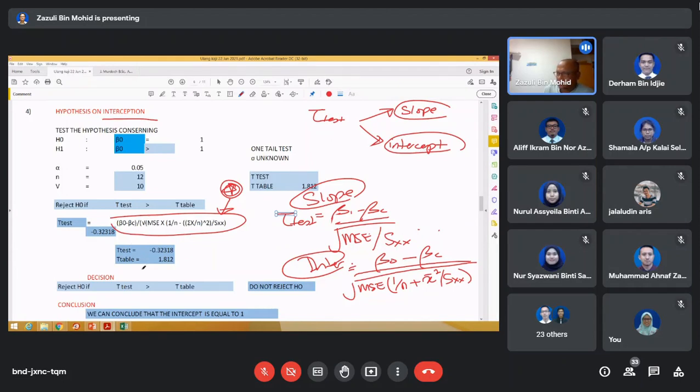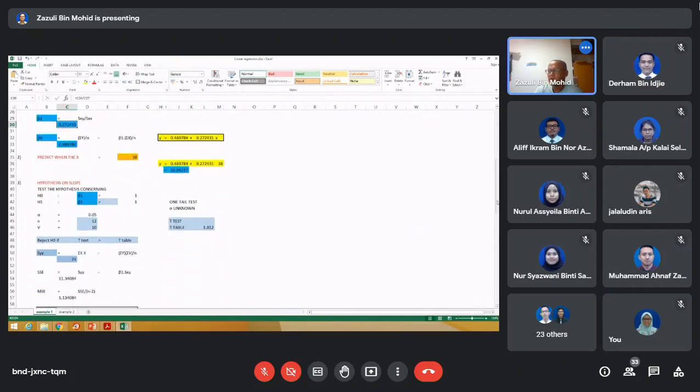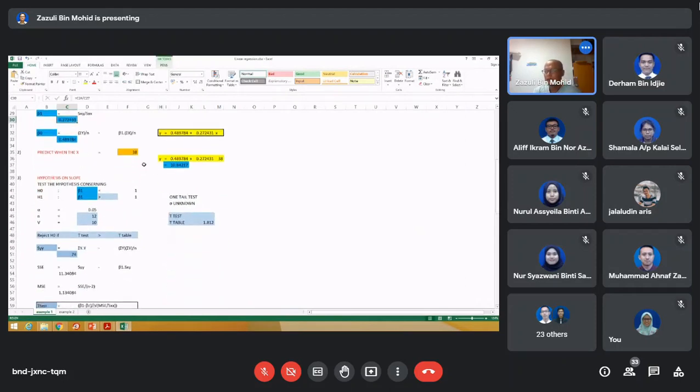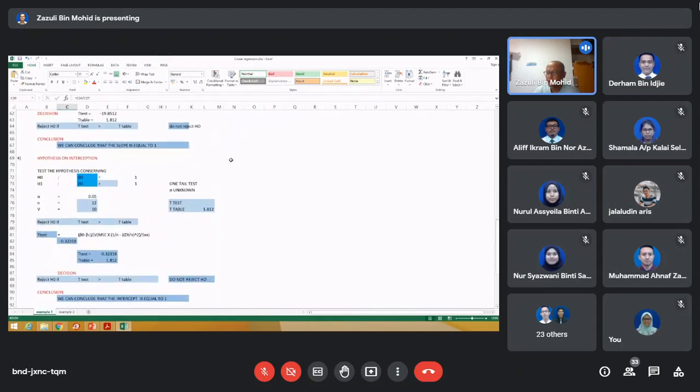From this equation, when we calculate it, we have the t-test minus 0.32318. In the Excel I also have it like this. This is for the slope, and I also got it for the hypothesis for the intercept, and this is the value here, minus 0.32318, whereby the t-table is 1.812.